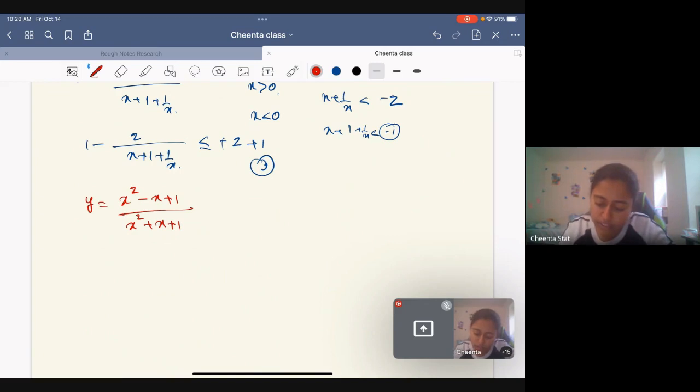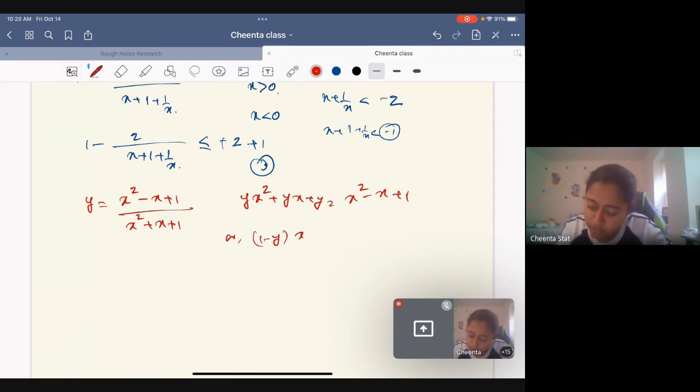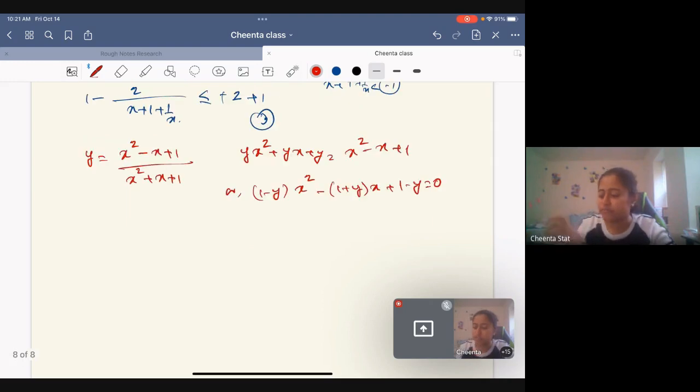So what we can do, yx squared plus yx plus y equals x squared minus x plus 1, and we can take them together: (1 minus y) x squared minus (1 plus y) x plus (1 minus y) equals 0.